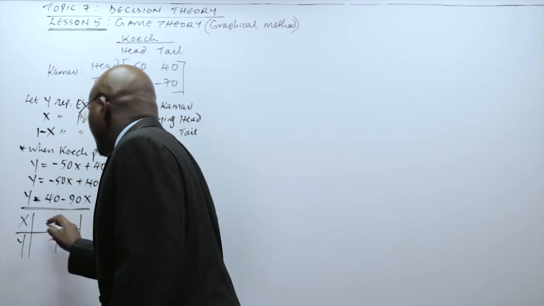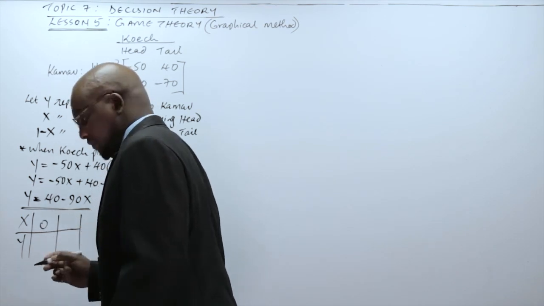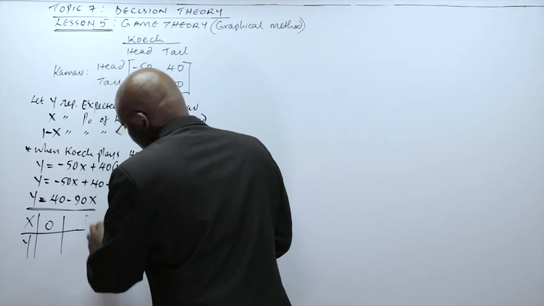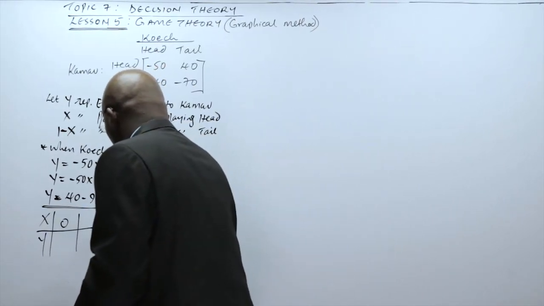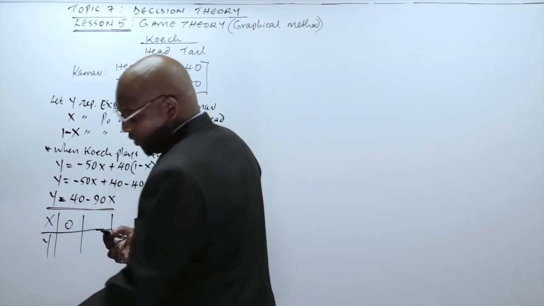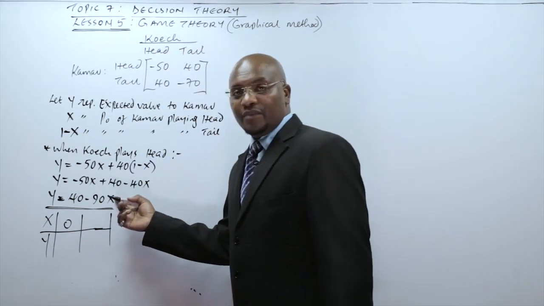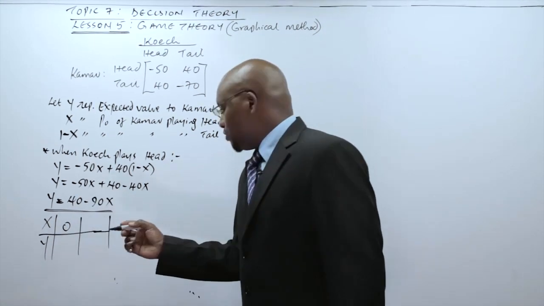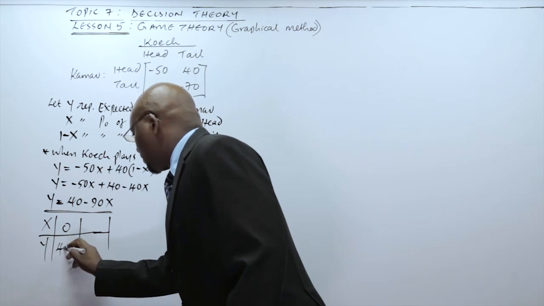Assuming that if x is 0, then as we substitute 0 here, this will be 0, and therefore y shall be 40.